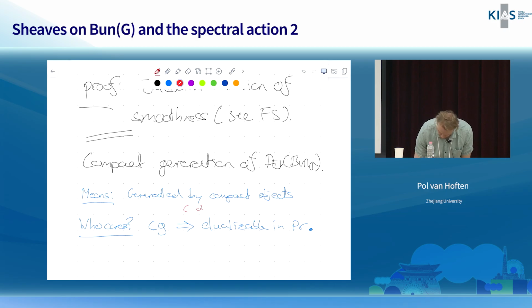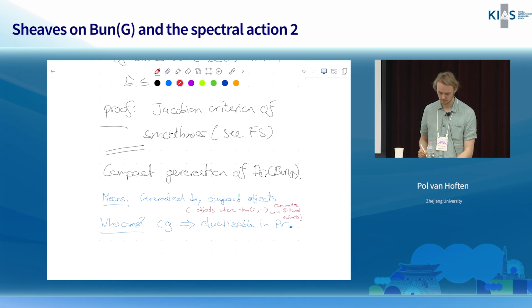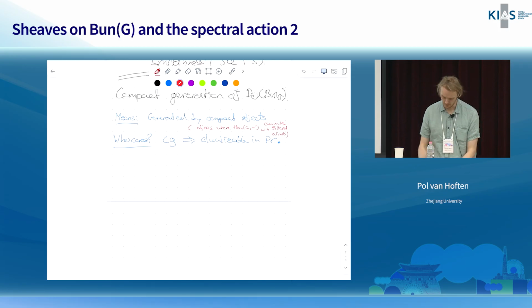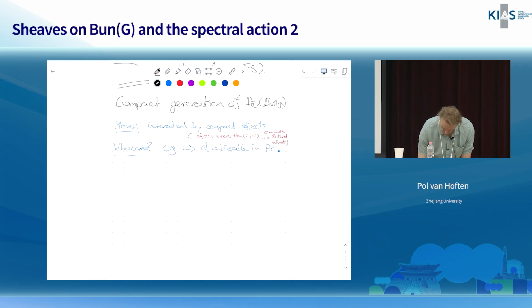So this is objects where Hom out of the object commutes with colimits, filtered colimits. Okay, and a fact that I'm going to use that I will not prove is this.